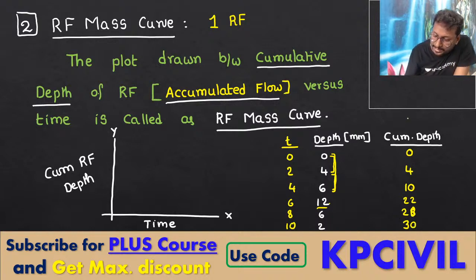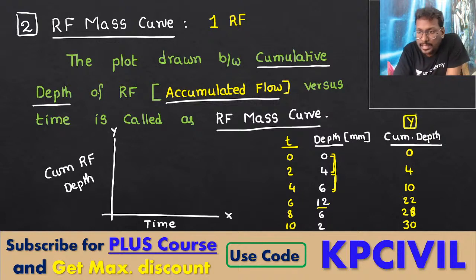So these are taken on the y-axis. Are these cumulative depth values several rainfall values or a single rainfall value? A single rainfall happened for 10 hours, and for each 2 hours you have the data.